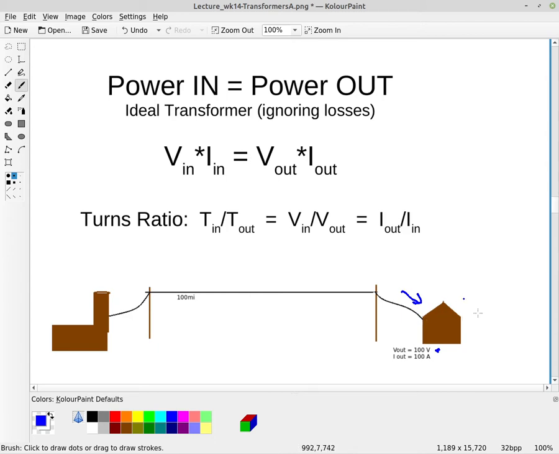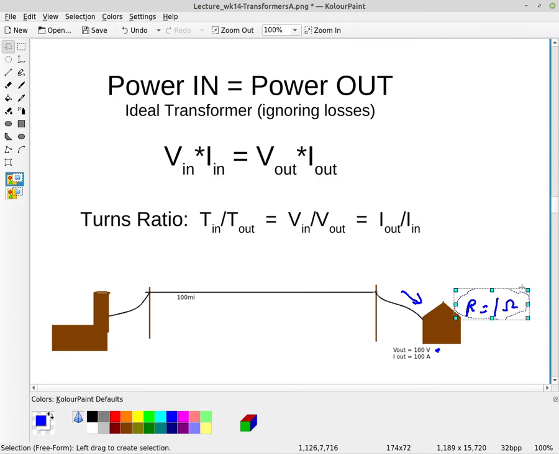The resistance that my house saw as the load would be, by Ohm's law, 100 volts divided by 100 amps, which means my house had a resistance of about 1 ohm.